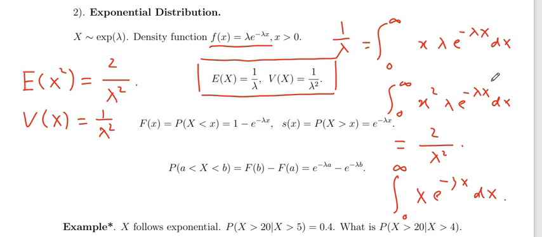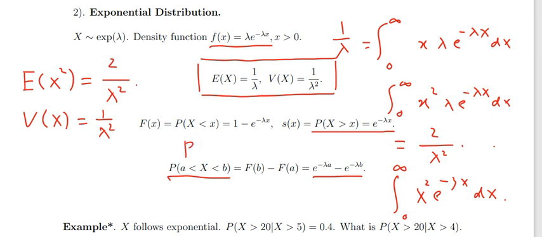If there's an x squared, and we use integration by parts, it is just too complicated, so we try to use this formula. Here we also use this formula: x larger than a is this, and between A and B is this.